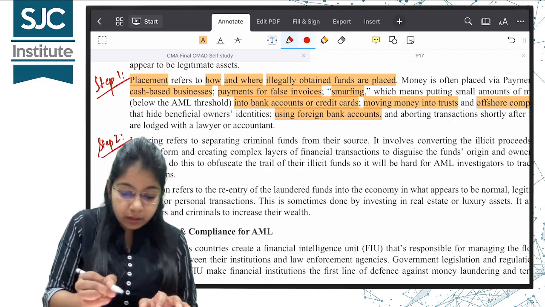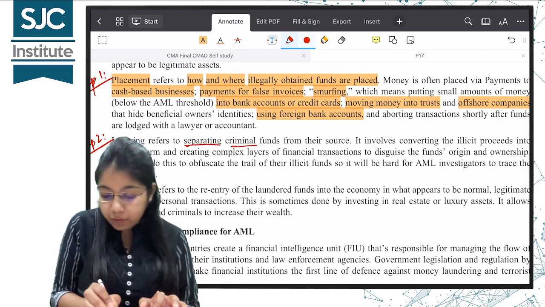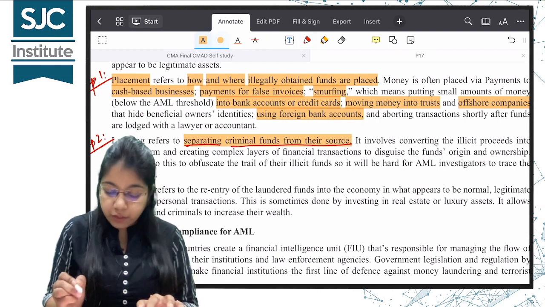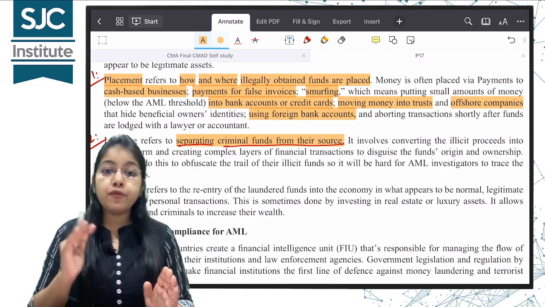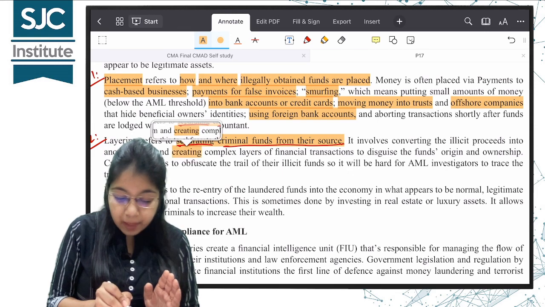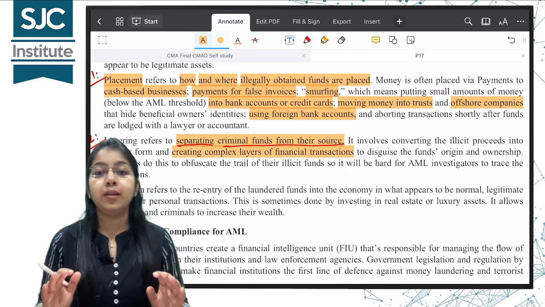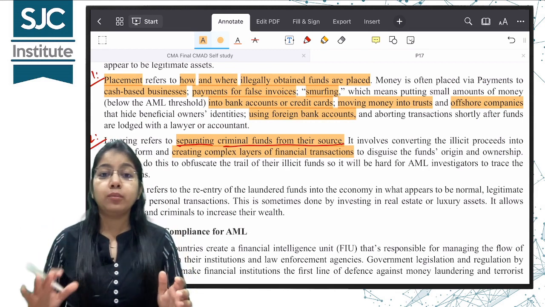Parda dalna. Layering refers to separating or disassociating the criminal funds from their source. It involves converting the illicit, that is illegal proceeds, into another form and creating complex layers of financial transactions. See, if you hide them very easily by way of one transaction, it will be caught.